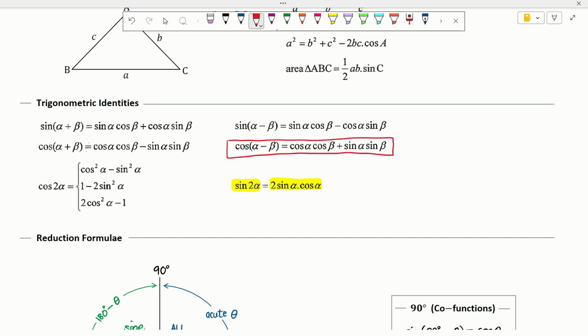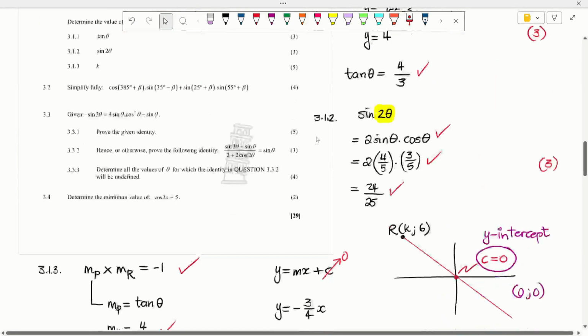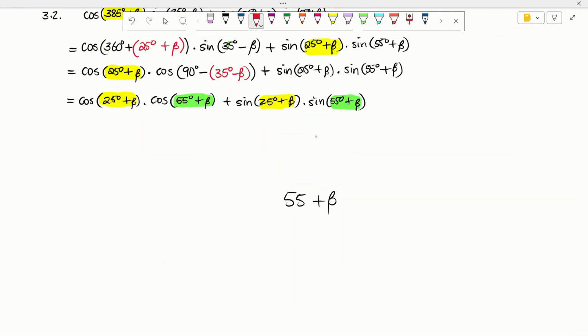To me, this looks to be this compound angle identity. Cos of something minus something is equal to cos of the first thing, cos of the second thing, plus sine of the first thing, sine of the second thing. So basically I can change this whole thing to a cosine compound angle with a negative in between, because right here you see a positive, so in between should be a negative.